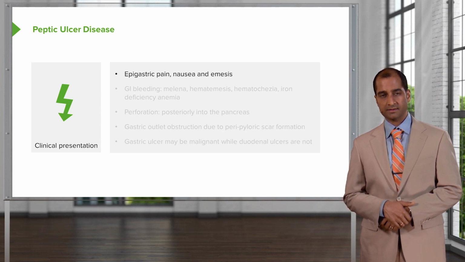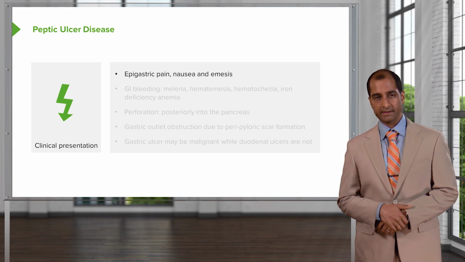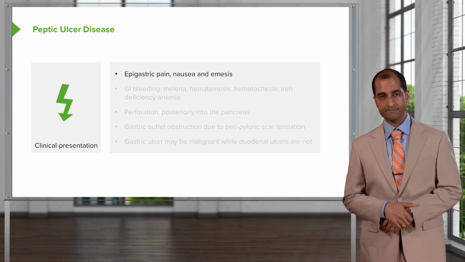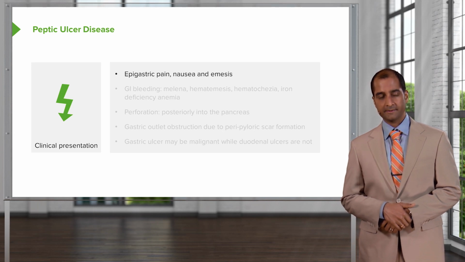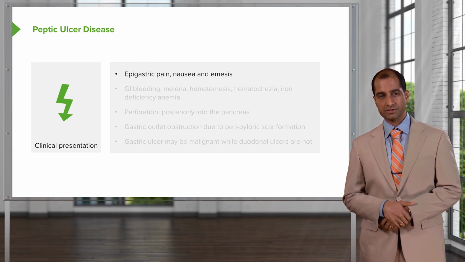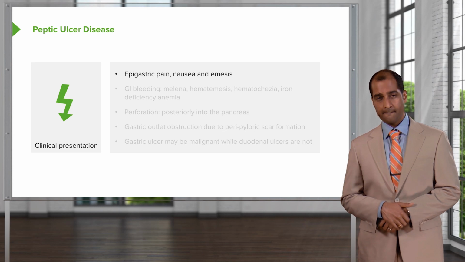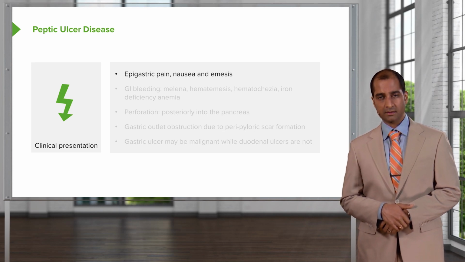Also, with this erosion that's taking place, remember, you have not perforated. Ulceration means ulceration. It's a clean punched out lesion in the stomach. And a clean punched out lesion here with bleeding taking place may result in hematemesis.